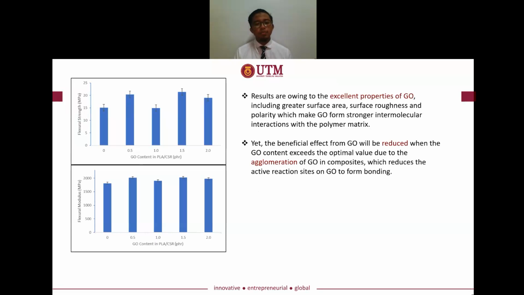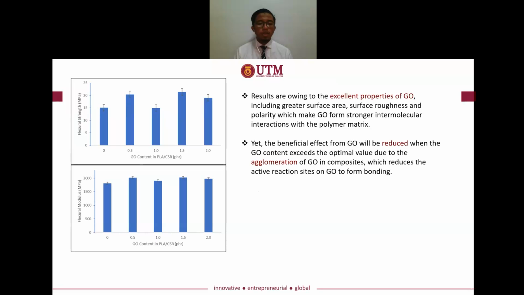When we ignore the 1.0 PHR, we can see the increasing trend, which is maximized at 1.5 PHR, and it starts to reduce at 2.0 PHR. We can conclude that graphene oxide has excellent properties, which are greater surface area, surface roughness, and polarity, which make graphene oxide form stronger intermolecular interaction with the polymer matrix.